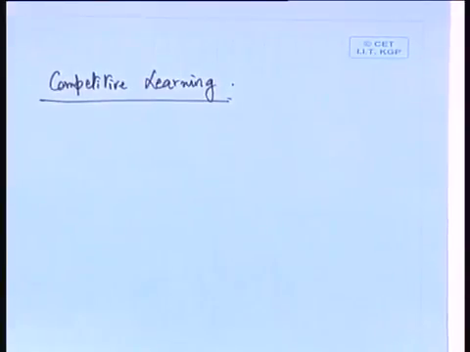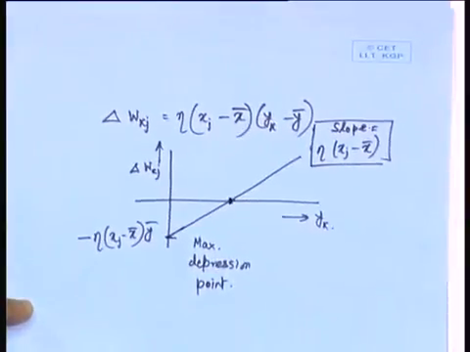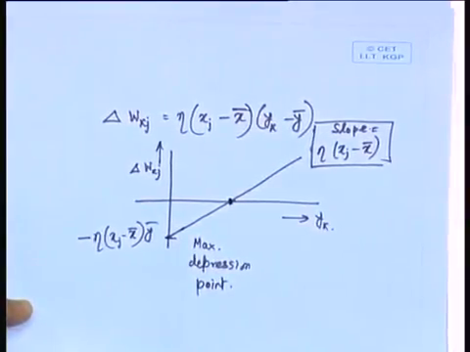This line, it can have delta w_kj as 0. So delta w_kj as 0, yes. Delta w_kj, yes, if delta w_kj is equal to 0, in that case there is no further updating of weight that is taking place. In fact, that means to say that it is within its average behavior. We do not have to modify its strength.